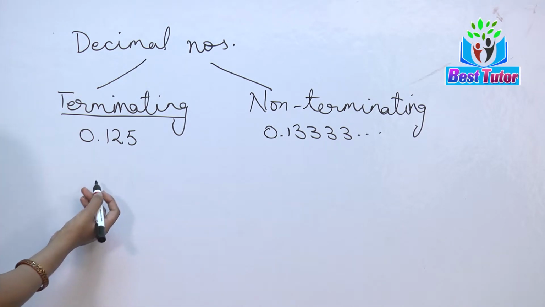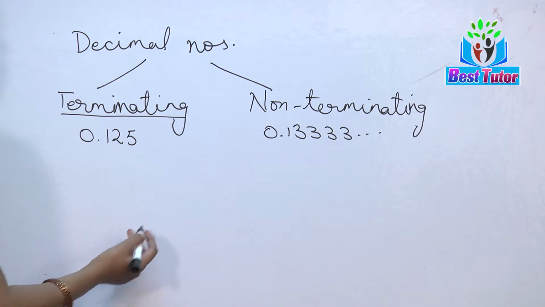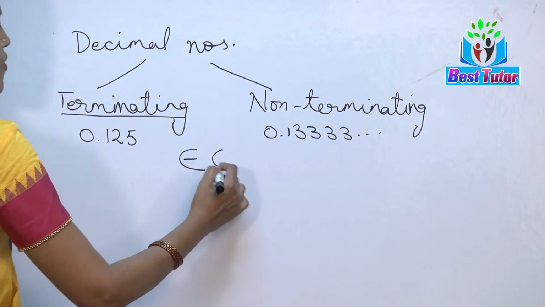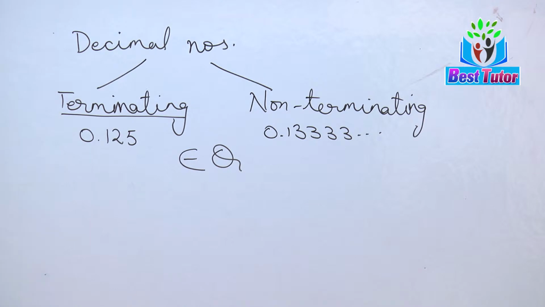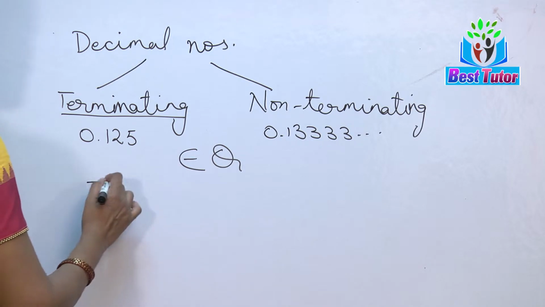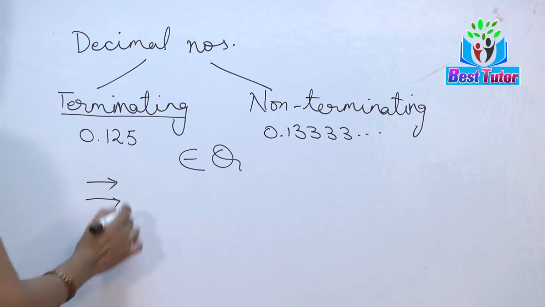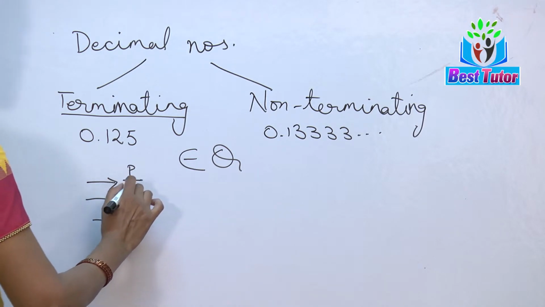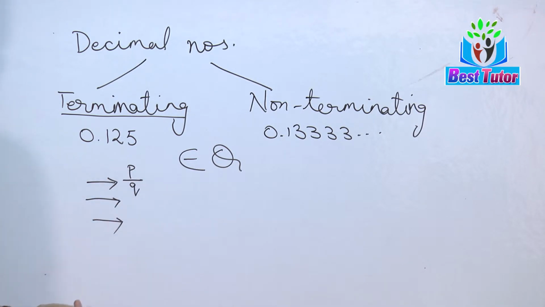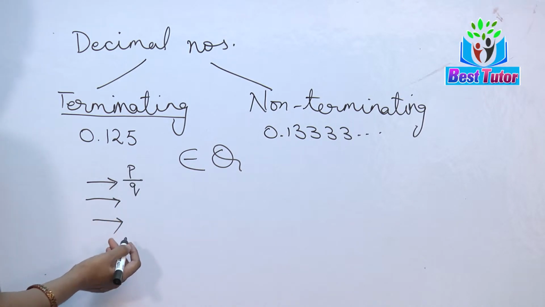Now, as we have discussed earlier, terminating decimals and non-terminating decimals both belong to the set of rational numbers. But we have already learned that a number belongs to the set of rational numbers if it satisfies three conditions. The three conditions are: it should be in the form of p by q, or a fraction where the numerator and denominator do not have any common factors.